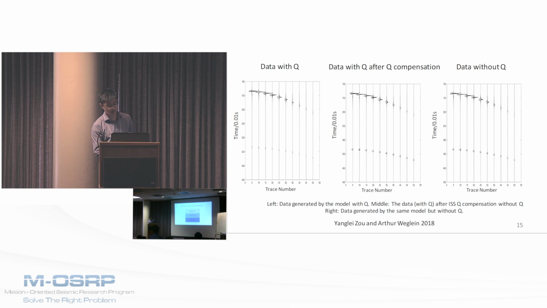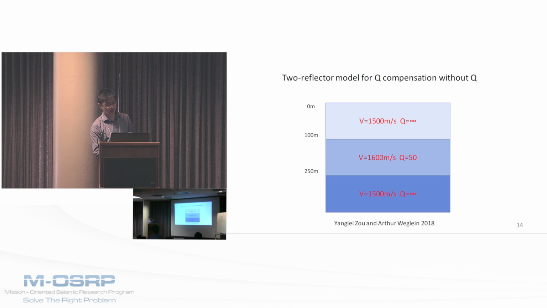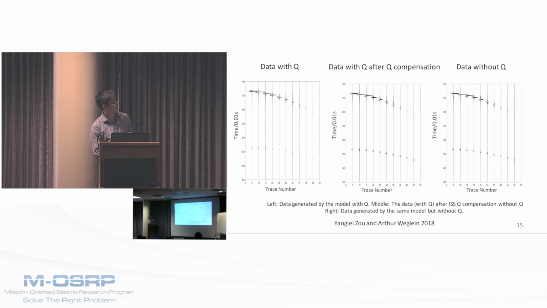As we can see in the model, the second layer has absorption, so the second primary has a relatively small amplitude. The middle picture shows the data after Q compensation. We can see that after Q compensation, the second primary has been recovered.